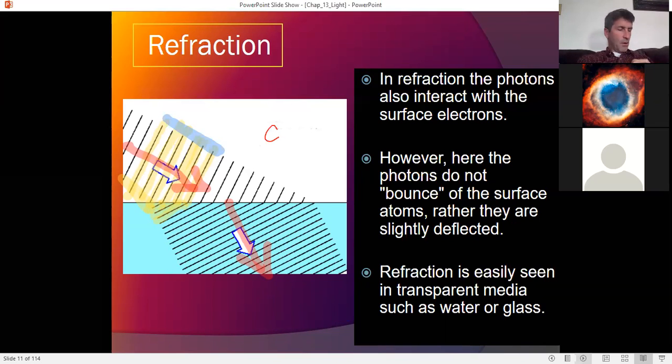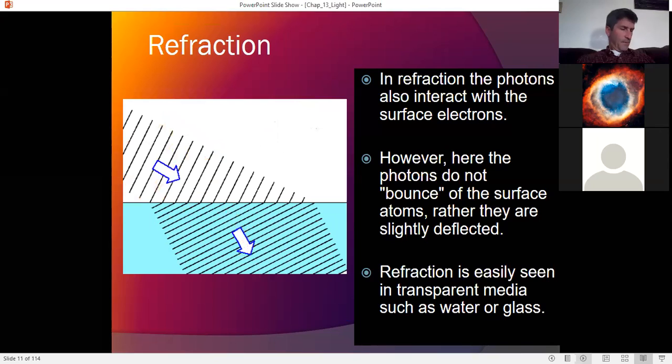But we can also slow it down, where the new speed is less than c. For instance, in water, it travels about 33% slower. In glass, about 1/3 slower. But by slowing down the light, we're also bending the light. Okay, a little bit hard because it's not as intuitive as I'm trying to make it sound here.